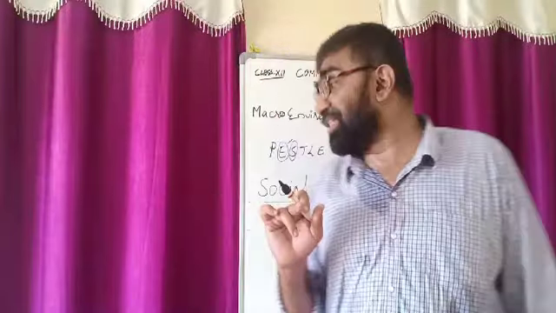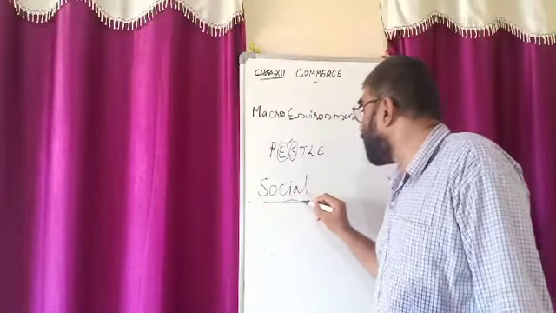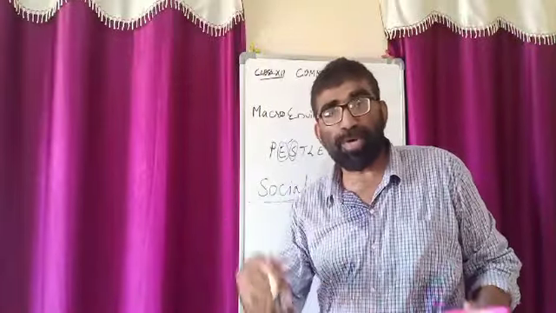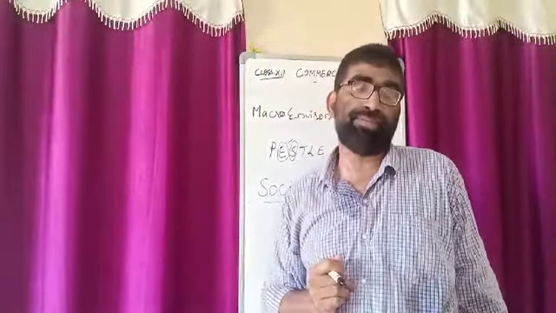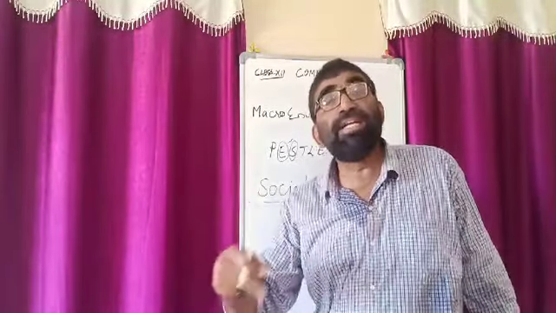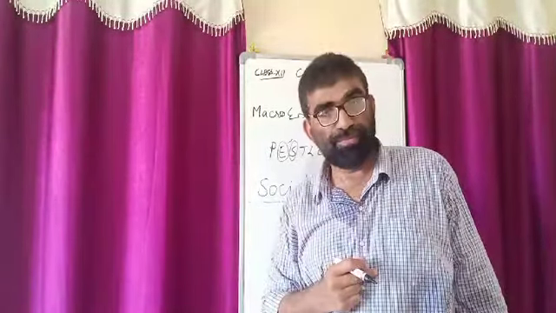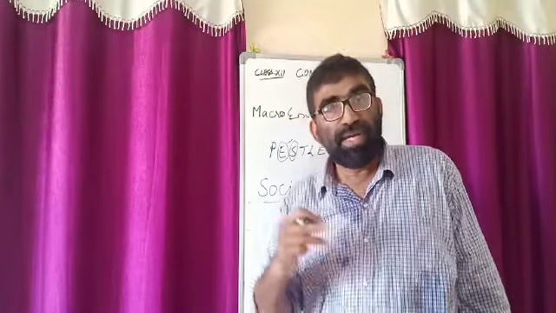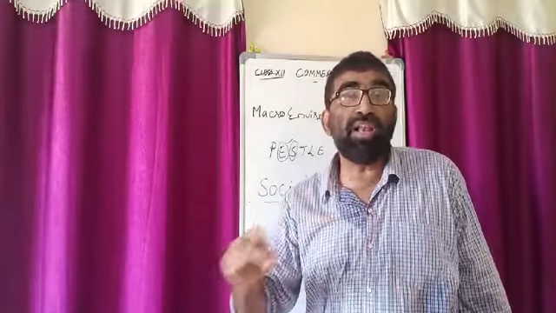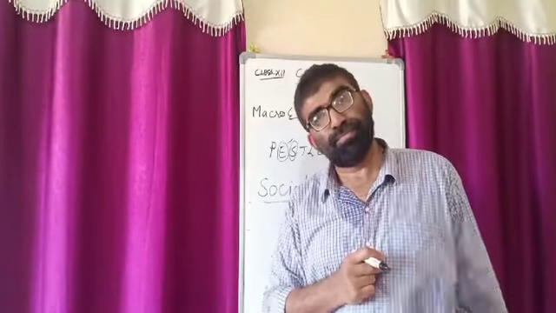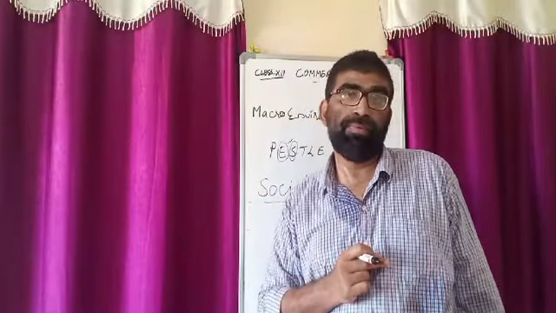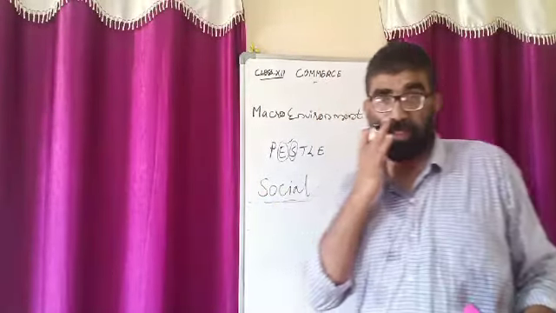We will see various components of the social environment. We will see the demographic trend. Demographic trend means the population trend. So here we will see the size and the distribution of the population, age composition, male-female ratio, rural-urban mobility, life expectancy.